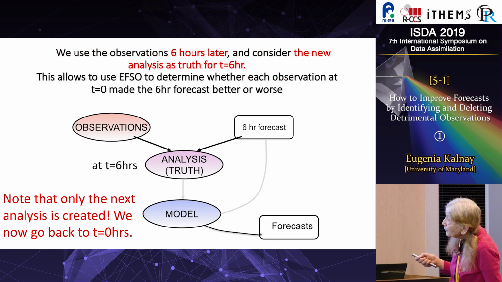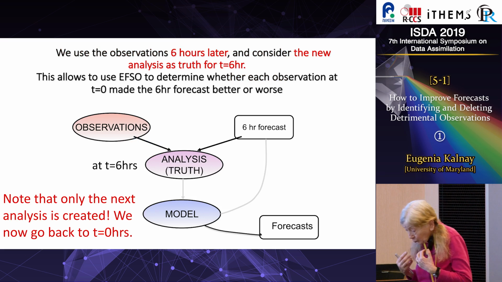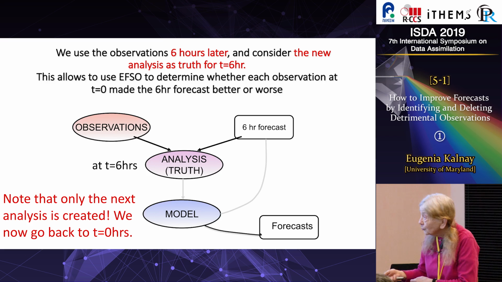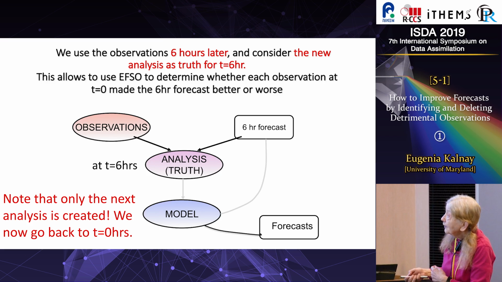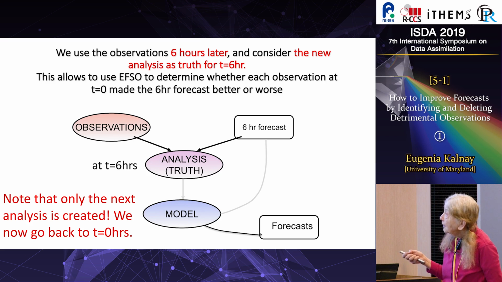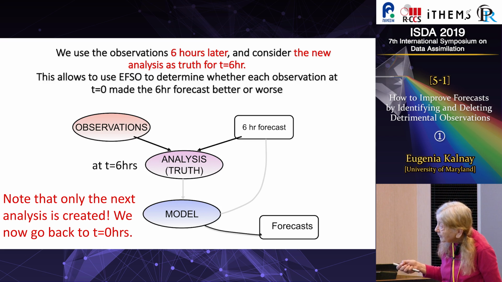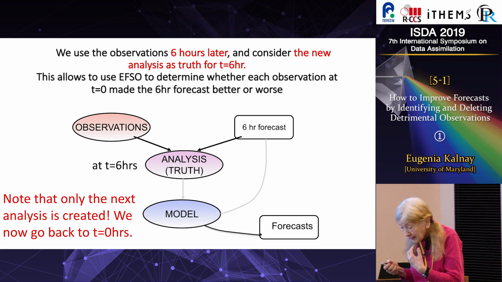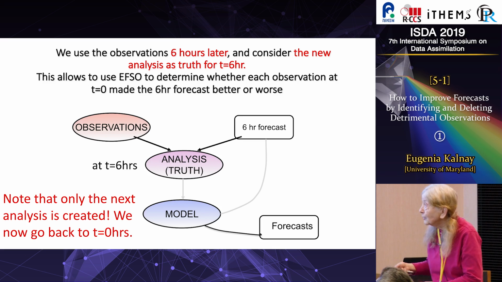We use the observations that are obtained after 6 hours in order to improve the current observations at 0 hours. So we combine the new observations at 6 hours with a 6-hour forecast, and that creates an analysis which is our best estimate of the truth.